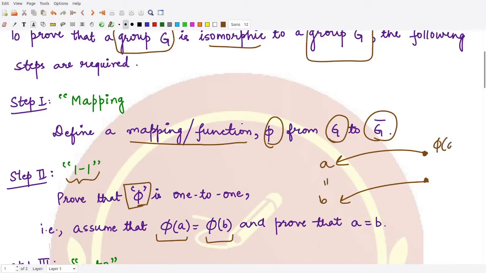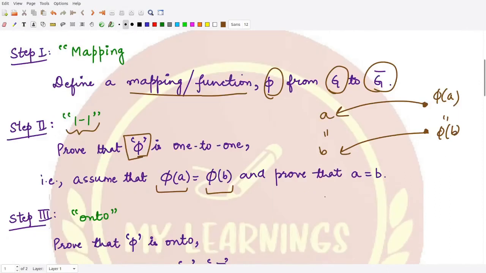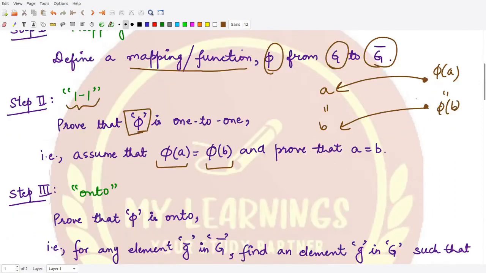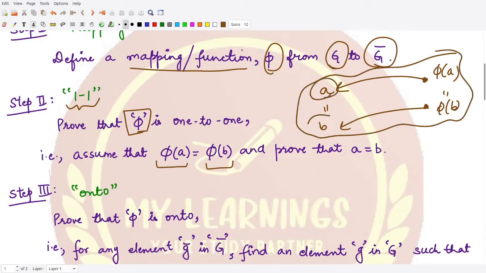Proving this will show that for different elements A, B in the domain G, we have different elements in the range, which is G bar.